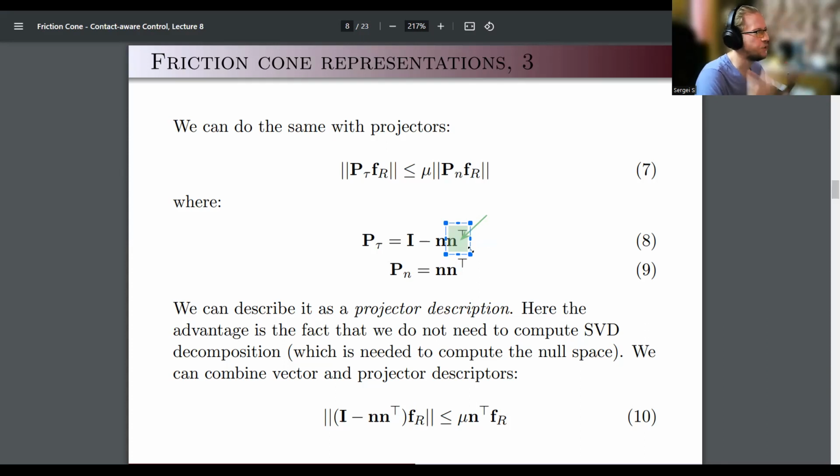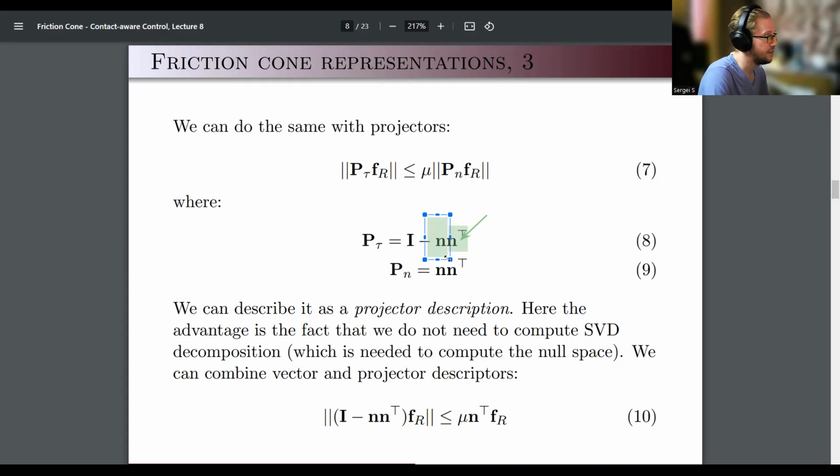We get the coordinate of FR on the axis n. If you want to represent FR in terms of an orthonormal basis, and one of the axes is n, it would be the coordinate along this n axis. That's what happens when you multiply it by n transposed.